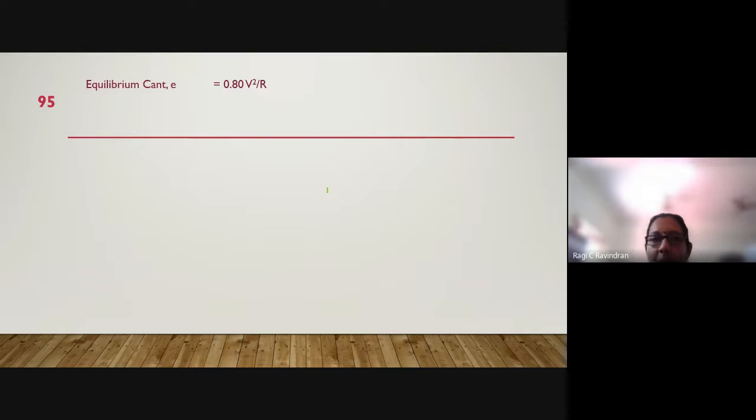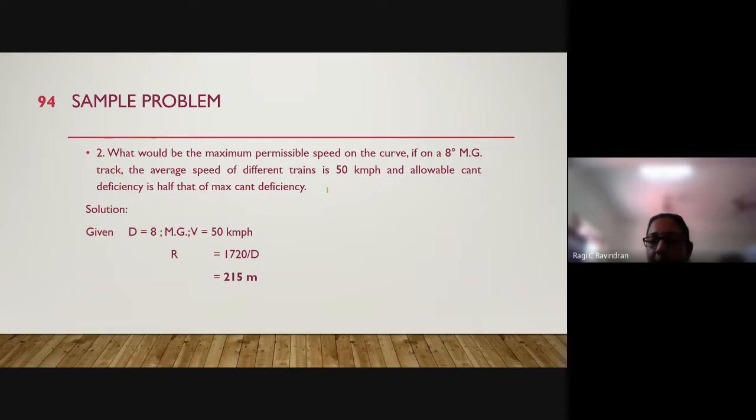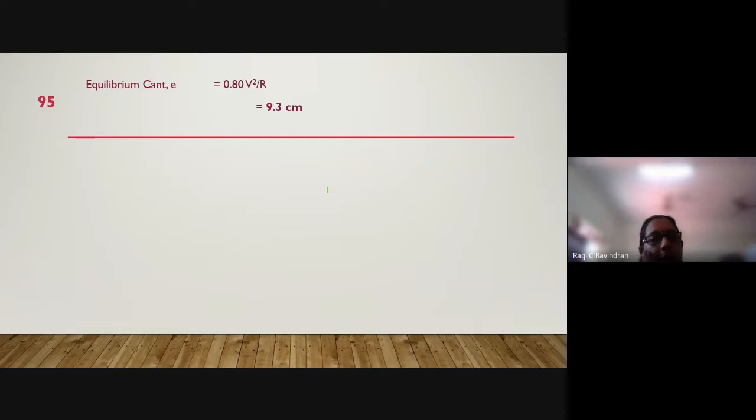Next, equilibrium cant, and this is meter gauge, so the equation is different. It is E is equal to 0.80 V square by R. Now substituting the value of V as 50 and R as 215, you'll get this answer. All of you please verify whether the answer is correct or not.